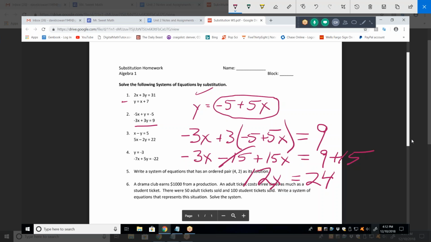And then don't you divide each side? By what? By 12. Okay, so what's this going to say? X equals 2.